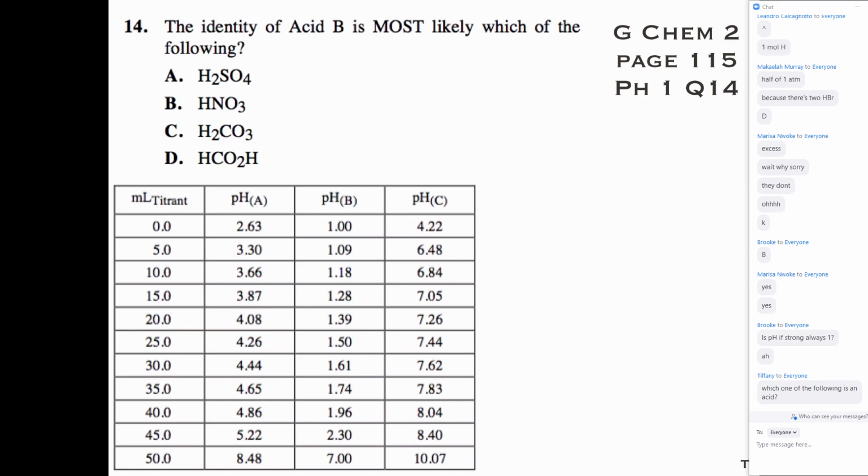Which one is an acid or which one is a strong acid? This is titration, exactly. So tell me about the two types of titration curves you're familiar with.